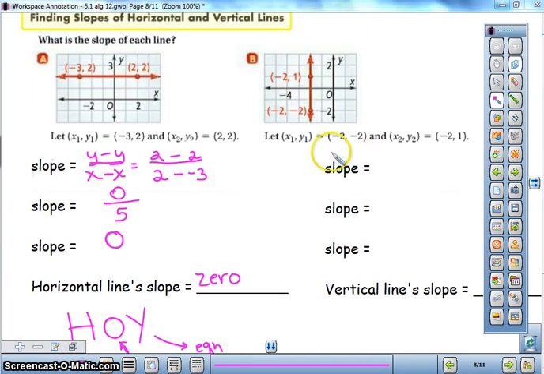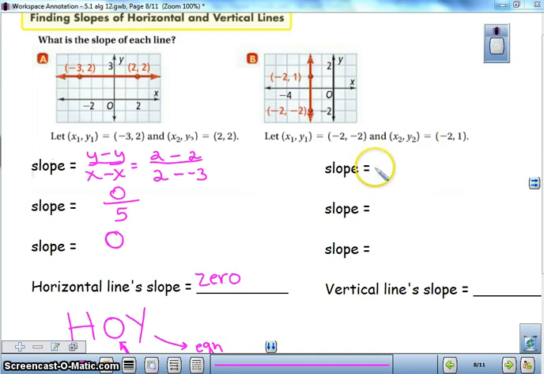If we look at this second example, again, first thing we want to do is write our slope formula. y, and if you want to put y2 minus y1 instead of just y minus y, x2 minus x1. And what happens if we have a vertical line? Do we know it's a function or not? We should know from last chapter it is not. As we look at this, we now want to take 1 minus a negative 2.